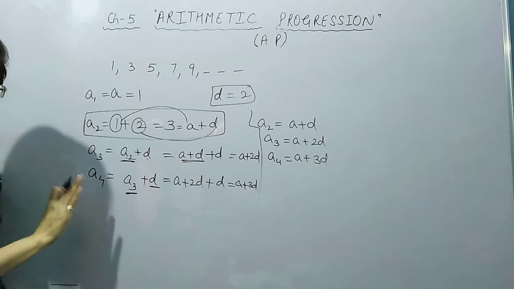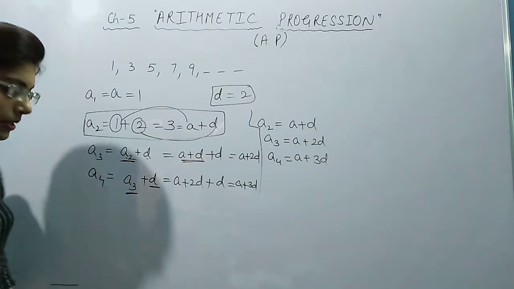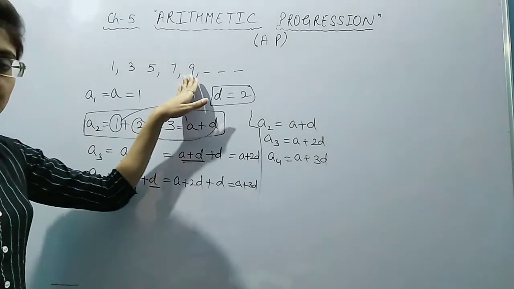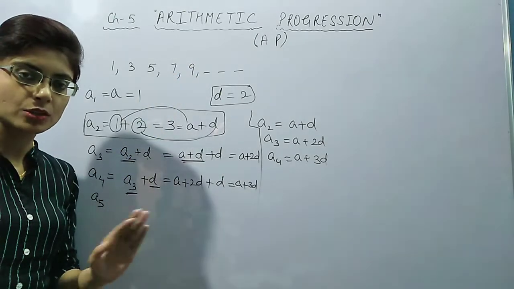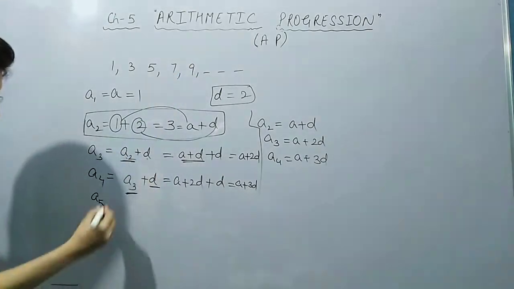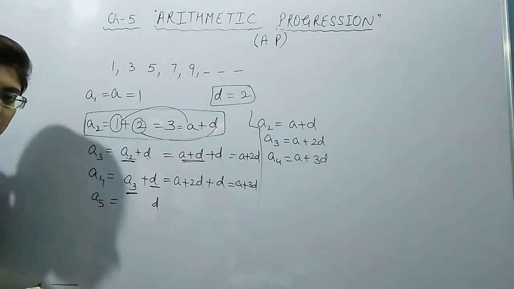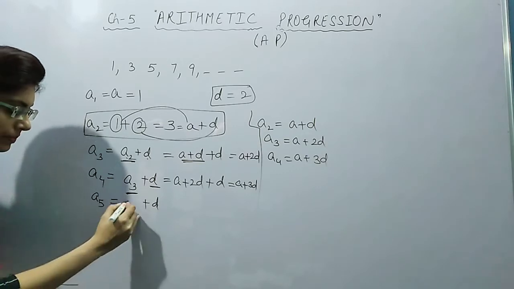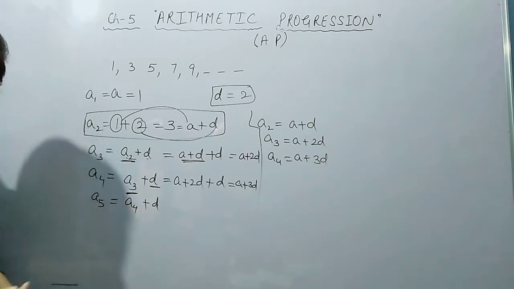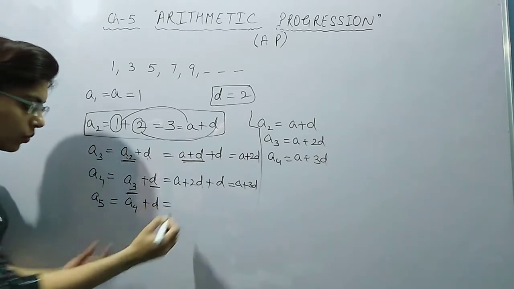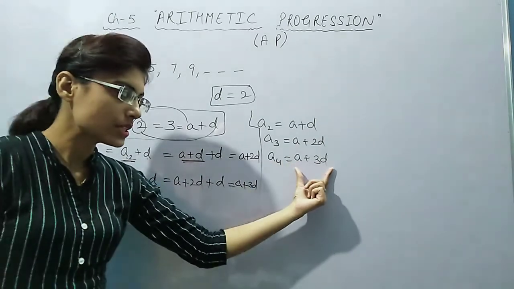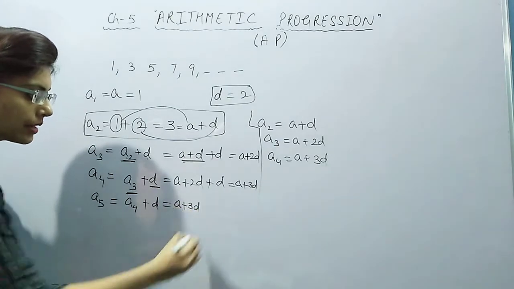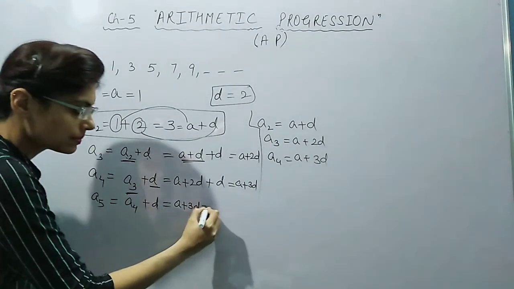Now one more step, after that we shall wind up with the formula. a5. How to write a5? The fifth term, by adding the same difference to the previous term. Now what is the value of a4? a4 is a plus 3d. a plus 3d plus d as it is.